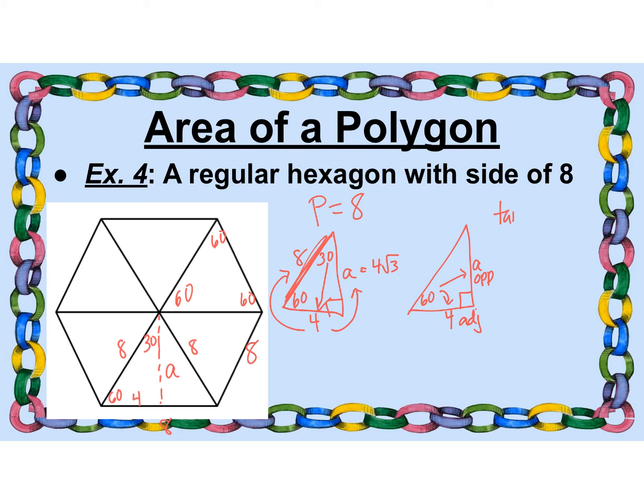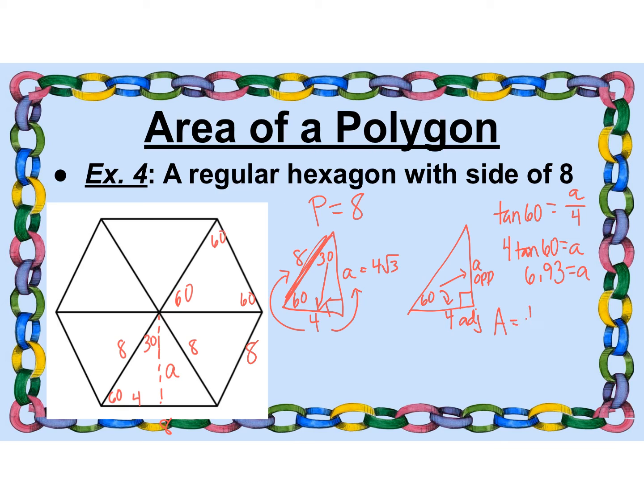So we're going to do the tangent of 60 equals A over 4, multiply both sides by 4, and then on your calculator you would do 4 times the tangent of 60, and we get 6.93. That is my apothem.